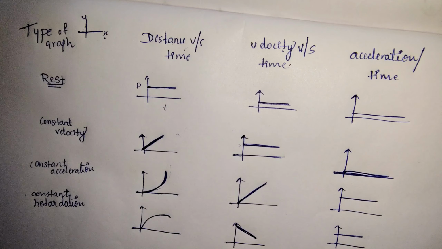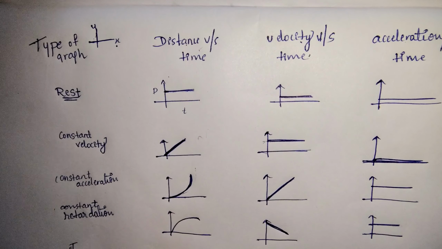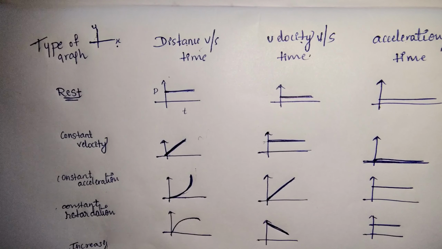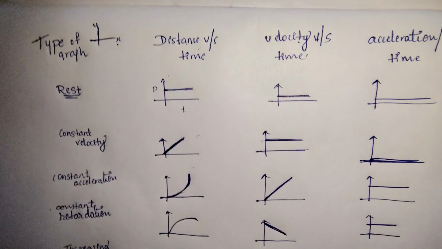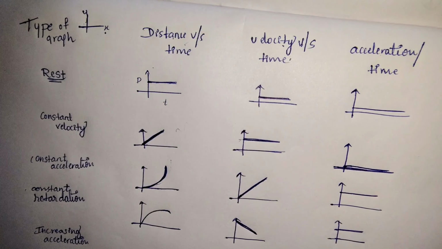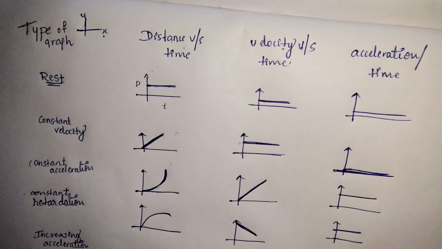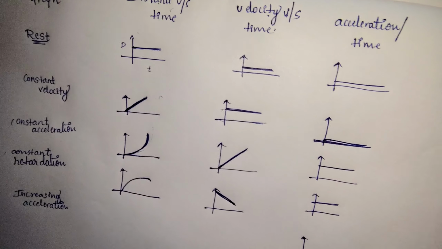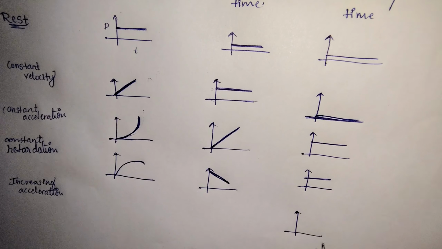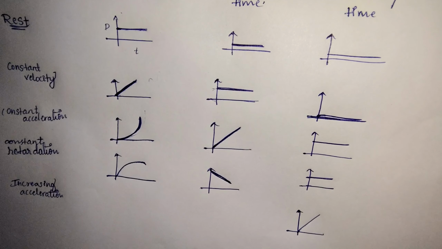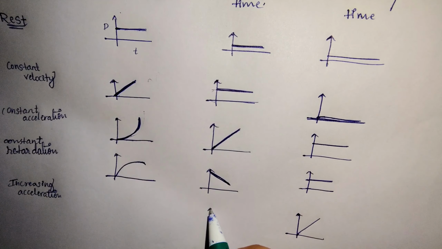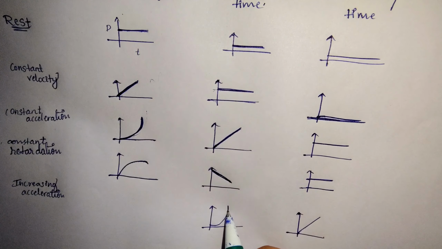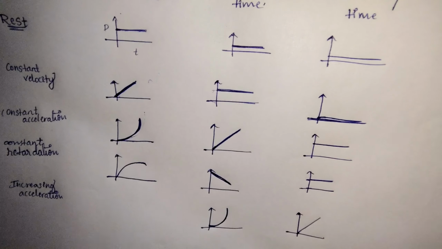I hope you understand this. Now if I consider increasing acceleration, remember, increasing acceleration means, say, velocity is increasing, so you will get a straight line like this, right? Similarly, if the acceleration is increasing, you will have a straight line for this. If you have the acceleration straight line, obviously its velocity will be increasing, but not at a constant rate, like this it will be showing.